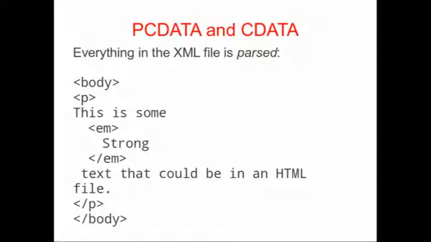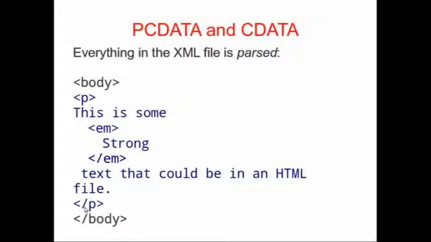So let's take a bit of a closer look at parsed character data and character data. By default, everything in an XML file is parsed. What that means is if we have some text that's wrapped in tags like this text here, we start by looking at the outer tags, in this case the body tags. And we first parse this block, and we identify that there are additional tags, the P tags, inside the block.